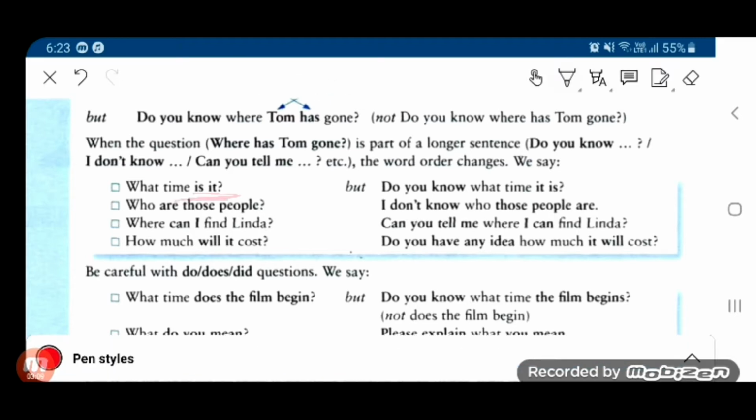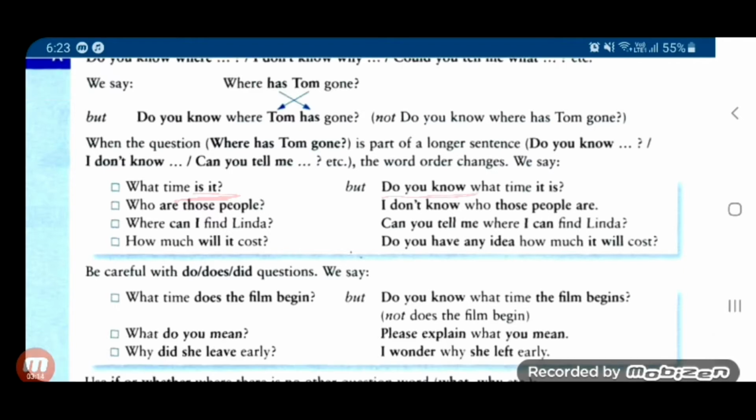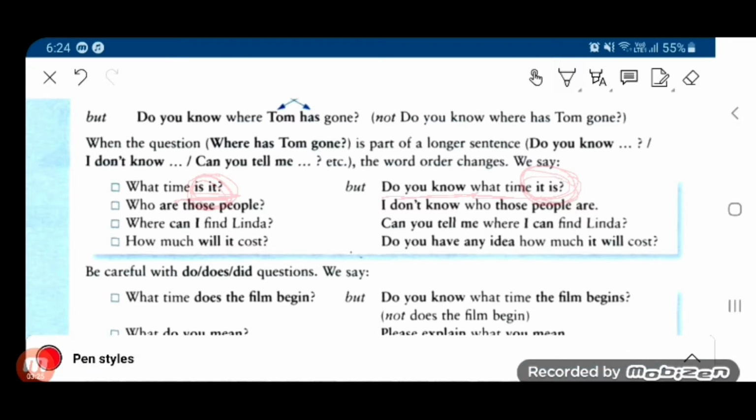If you make it longer, how can you say it? Do you know what time it is? Here we can see is it or it is. This is the main difference I want to explain between both of them.